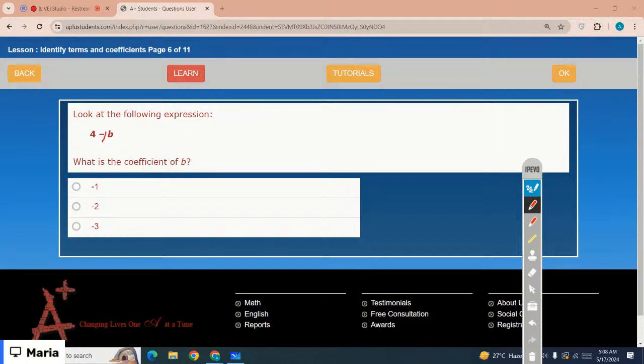That means the coefficient of b is negative 1. The correct option is negative 1. The coefficient of b is negative 1.